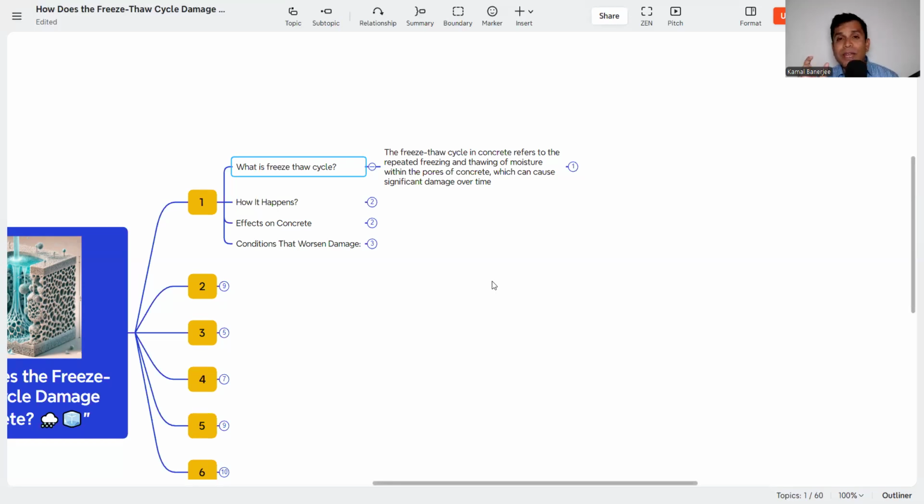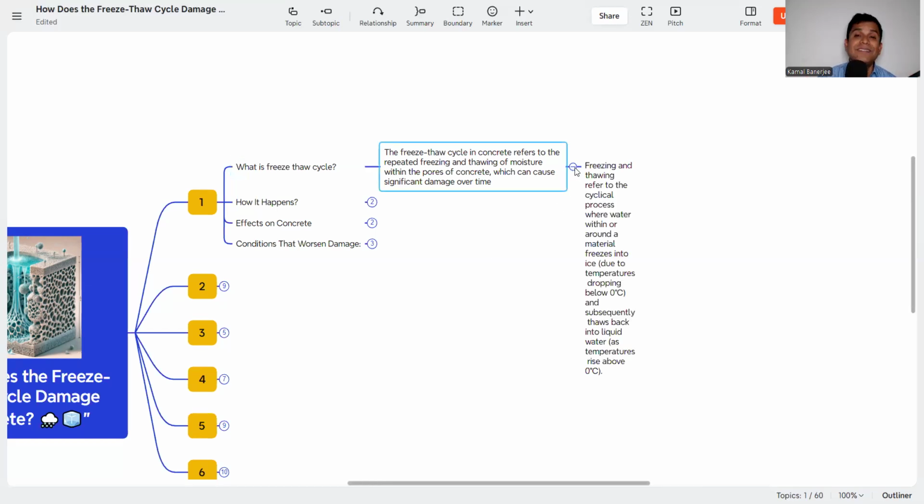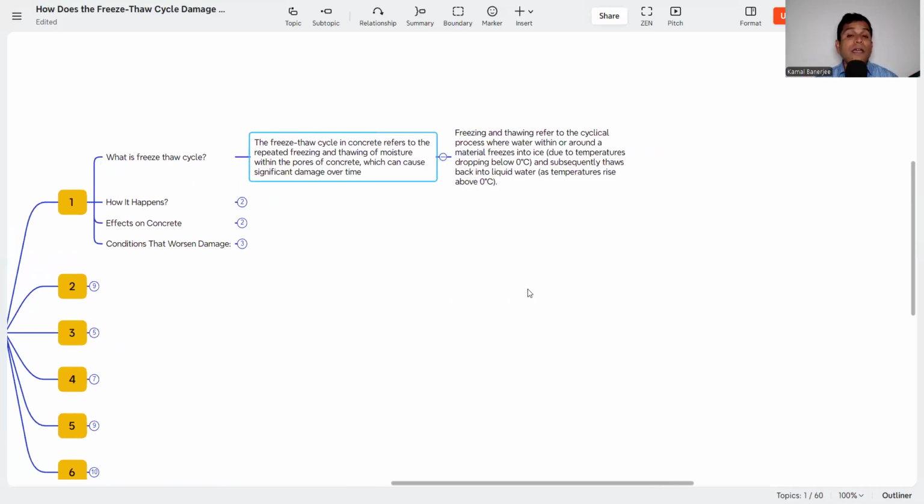Now here we have two terms, freezing and thawing. We need to know what they are in order to understand the freeze-thaw cycle in concrete. Freezing and thawing refers to a cyclical process where water within or around a material freezes into ice as the temperature drops below 0 degrees centigrade, and subsequently thaws back into liquid water as the temperature rises above 0 degrees centigrade.